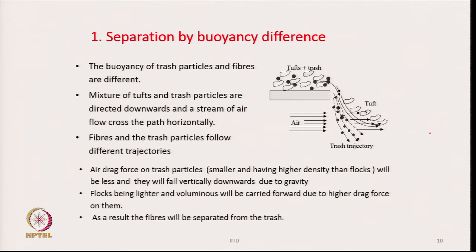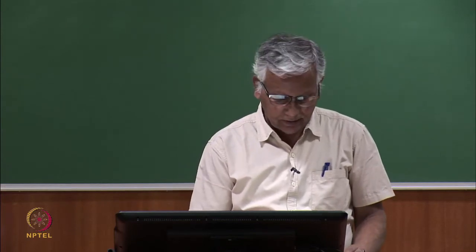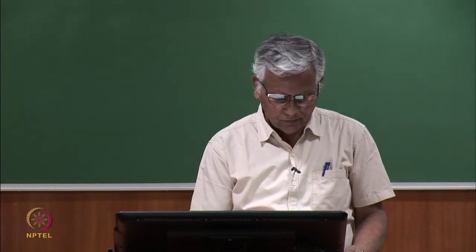So, fibers in the form of tufts will move towards the right hand side, whereas the trash particles are going to fall down, and therefore, we can collect the trash particles and allow the tufts to move forward. So, this principle can be used for separating trash from fibers.